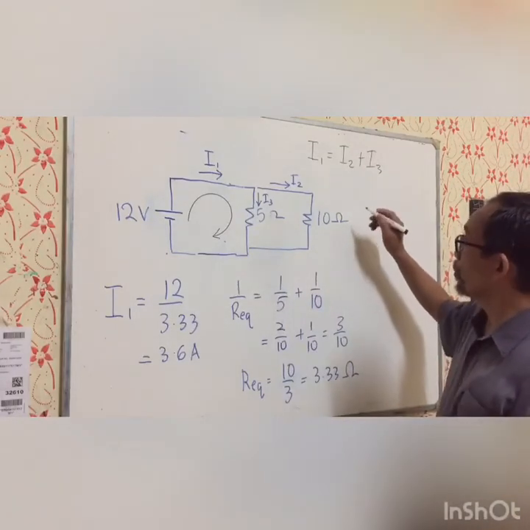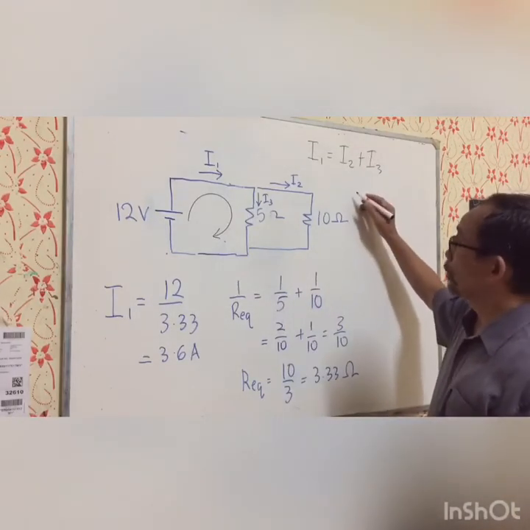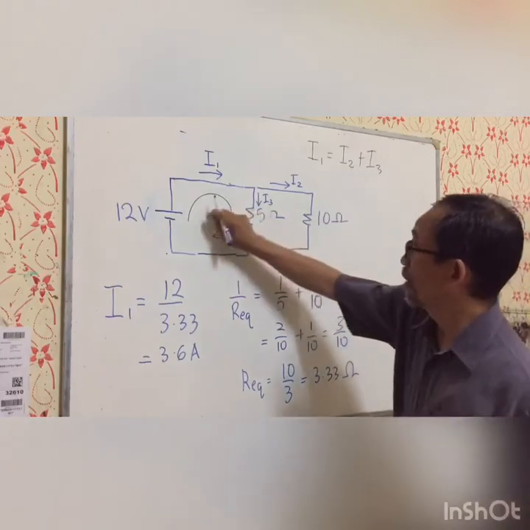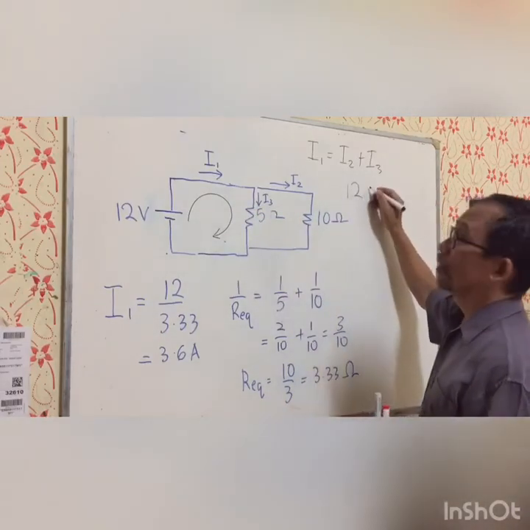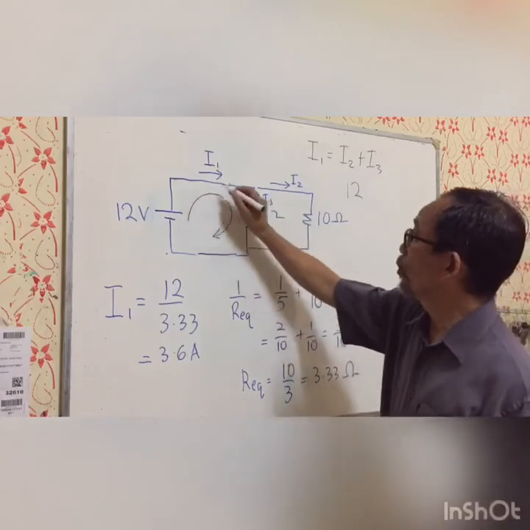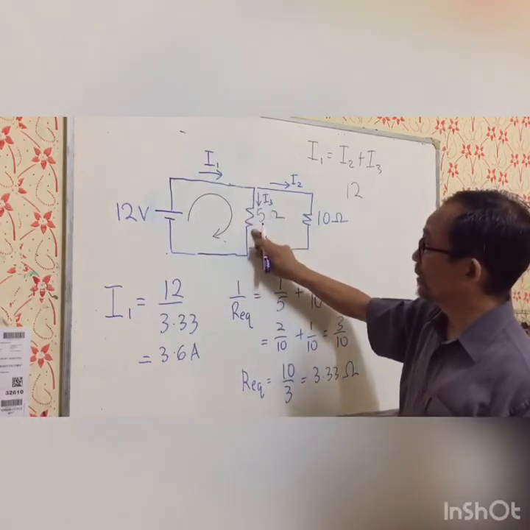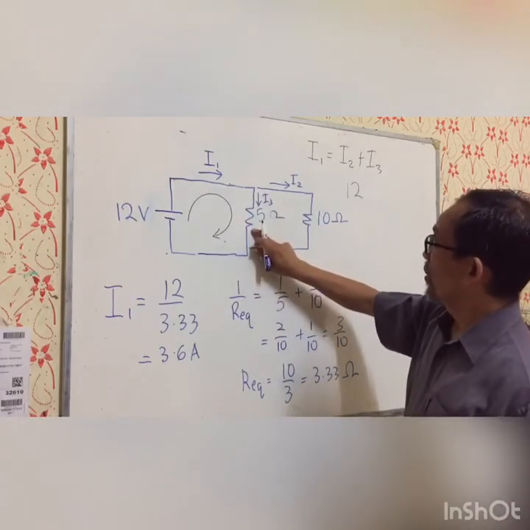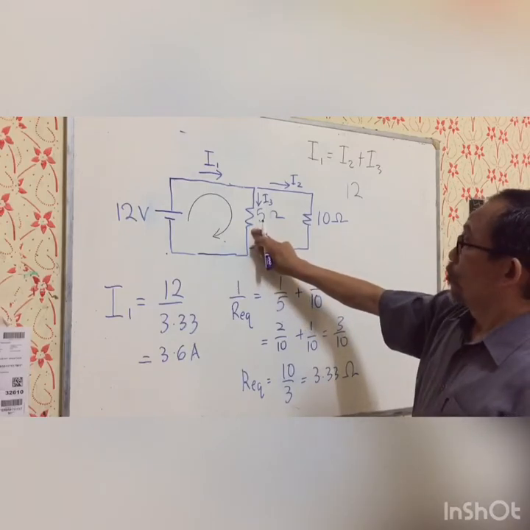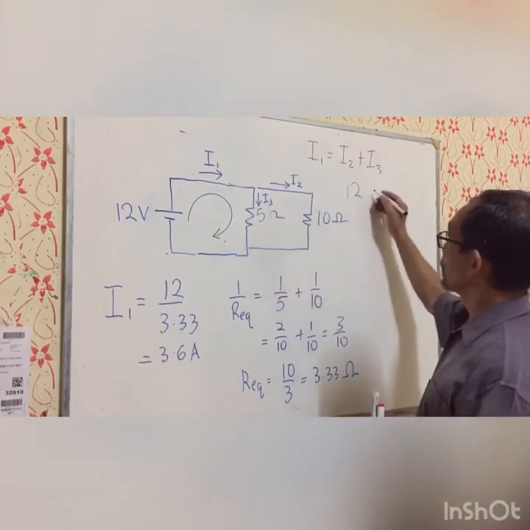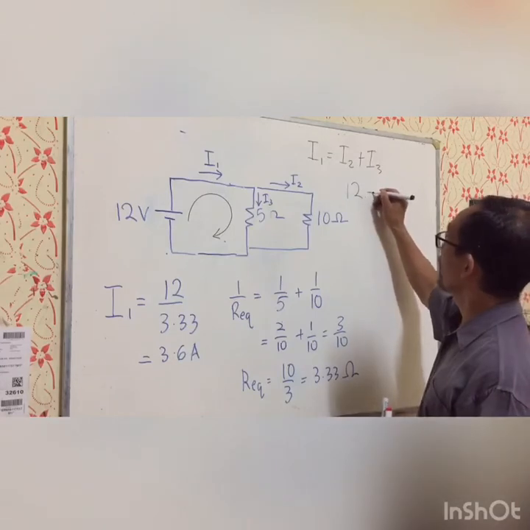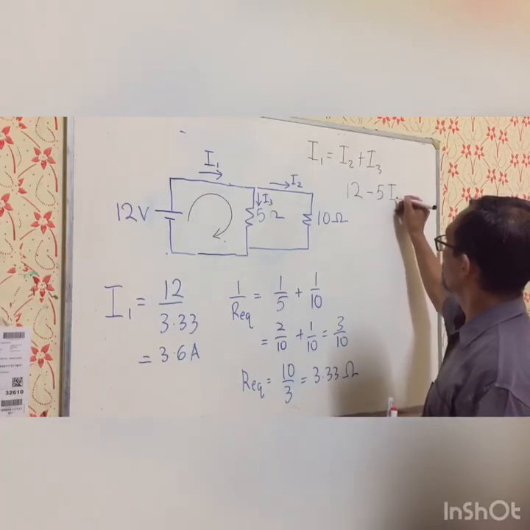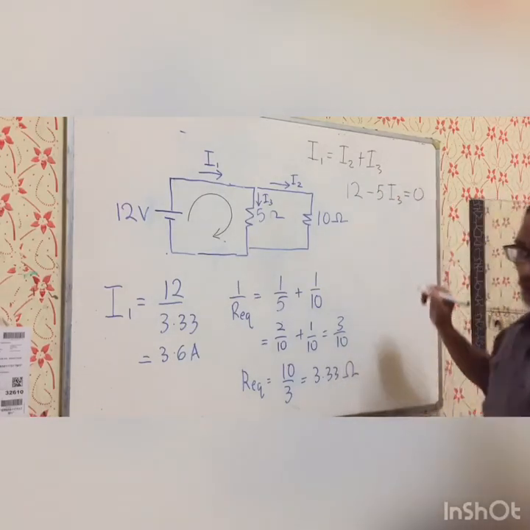And so we can put the equation for that loop: 12, and there is no other component except this resistor, and for a resistance there will be a voltage drop, so it's going to be negative, minus 5 I3 equal to 0.